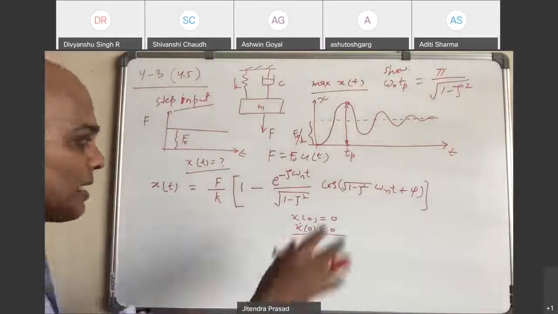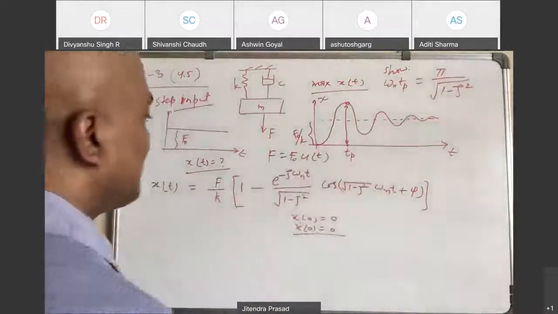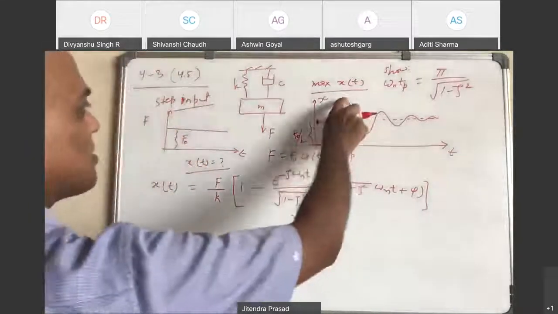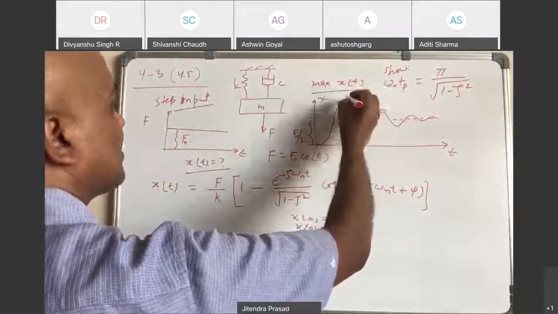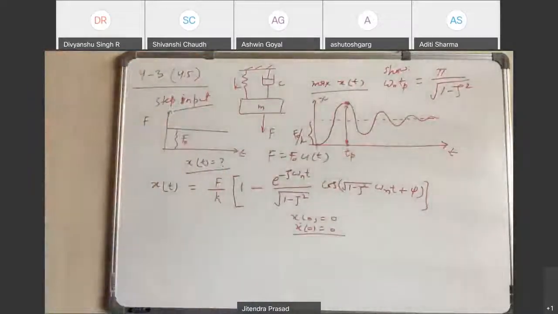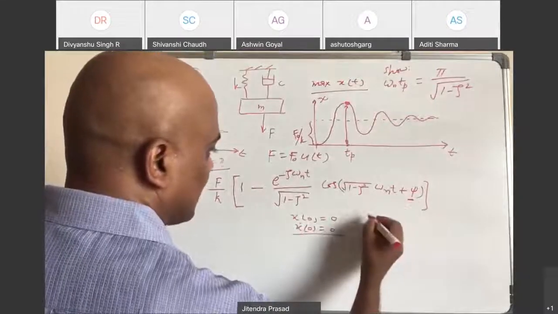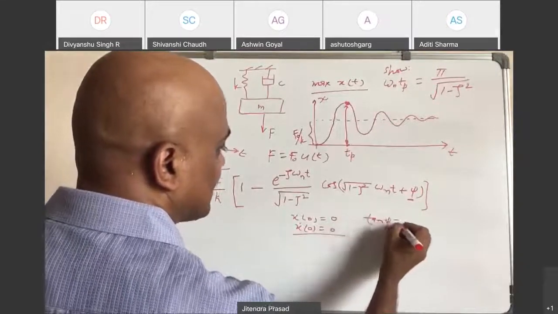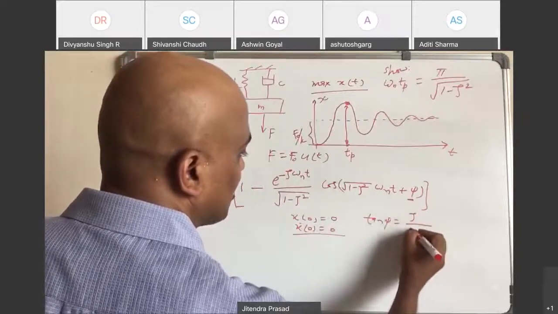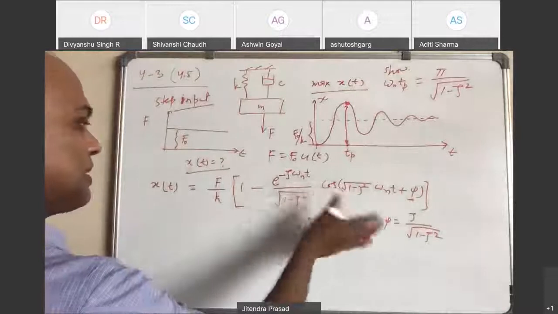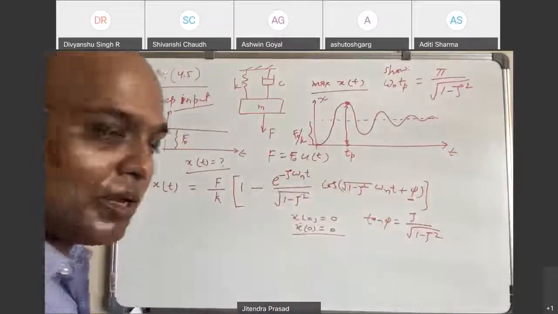Given this, we have to find the maximum x, which is the maximum you get. By the way, here tan psi is equal to zeta over root 1 minus zeta square. We derived both together in one of the lectures.